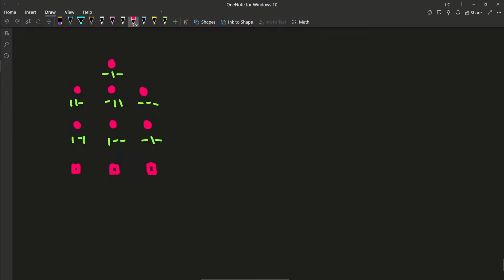Input units don't have any parameters. So anyways, we're just gonna say we have an arbitrary input. Let's do constant. Let's do all ones. Okay, so this is an input.